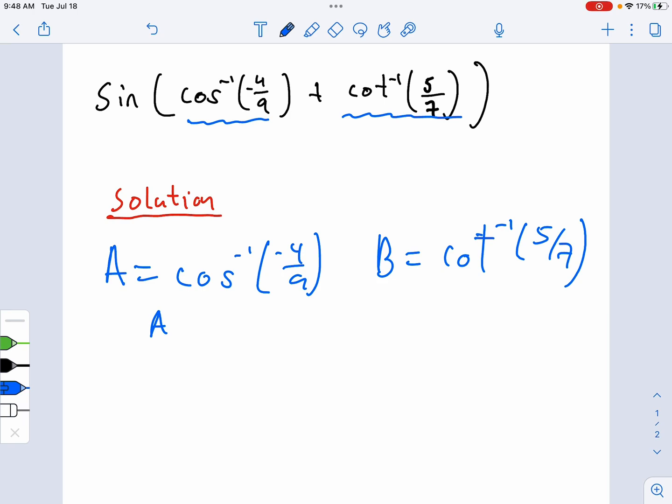Cosine inverse gives you an angle between 0 and pi, inclusive of the endpoints, and cotangent inverse gives you an angle that's also between 0 and pi, but not inclusive of 0 and pi. So you don't include 0 and pi. I always tell people to do that.